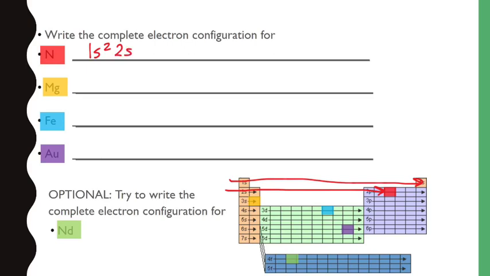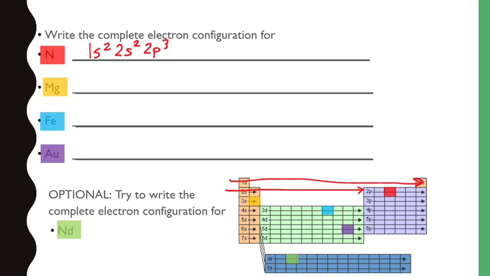Even though we're going farther, we only have 2 of those 2s squares to go through, because after that, on our way to nitrogen, the rest of those elements, the rest of this square over here, are the 2 p's. So we've got our 2 p's that we're running into next, and in order to get to nitrogen's square, we want to go 3 squares in. Don't stop at boron or carbon. We have to go 3 squares in to get to nitrogen.